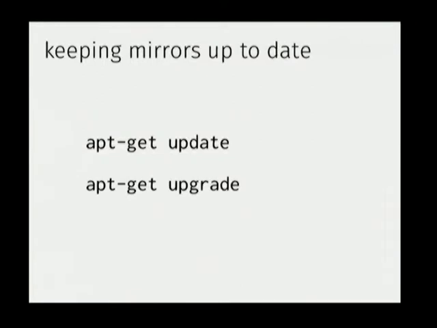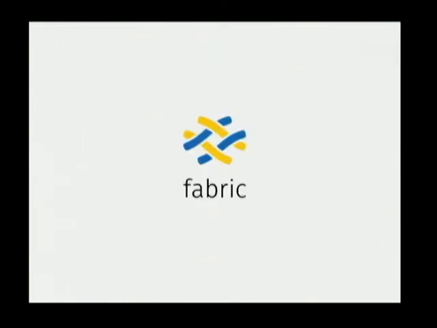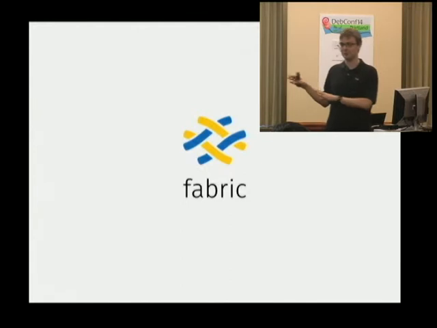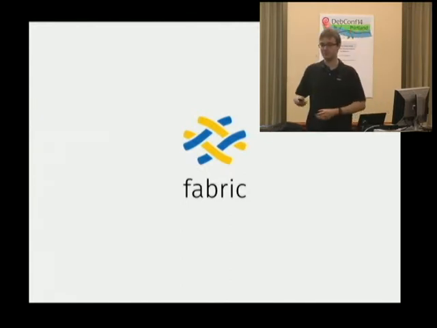For mirrors, Fabric is a neat little wrapper around SSH. Basically, you can say I want to run these commands over this class of machine. So it's kind of a very, very lightweight version of something like Salt or Ansible. But the comparison is not quite fair because it does very little and just runs from your own machine.